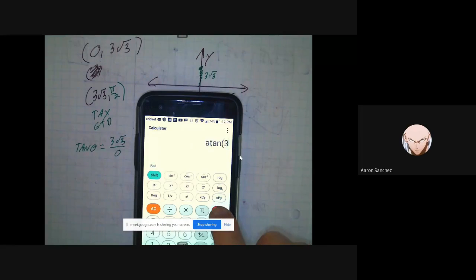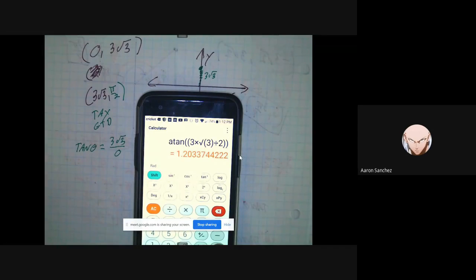Actually, it's 3 times root 3, close parentheses, all over 2, close parentheses. Will it work?